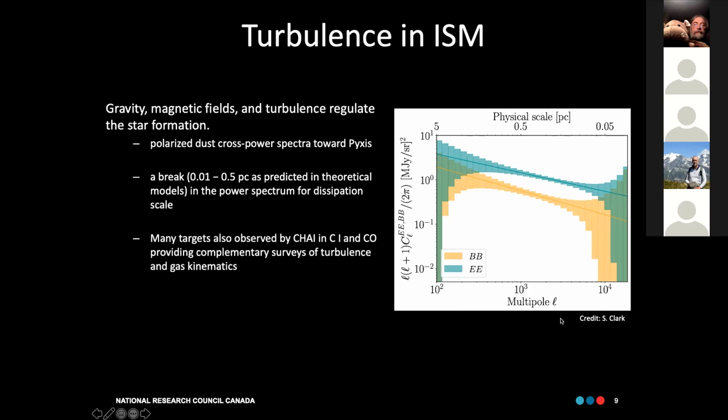And because the degree of polynomial for spherical harmonics is directly related to physical scales, we will be able to examine these regions as we go from larger scales to smaller scales, as they are dominated by different physics, if we go from ideal MHD regimes, for example, to non-ideal MHD. As we are dominated by different physics, we would expect to have a break in the power law spectrum here, and we aim to explore and look for this break.